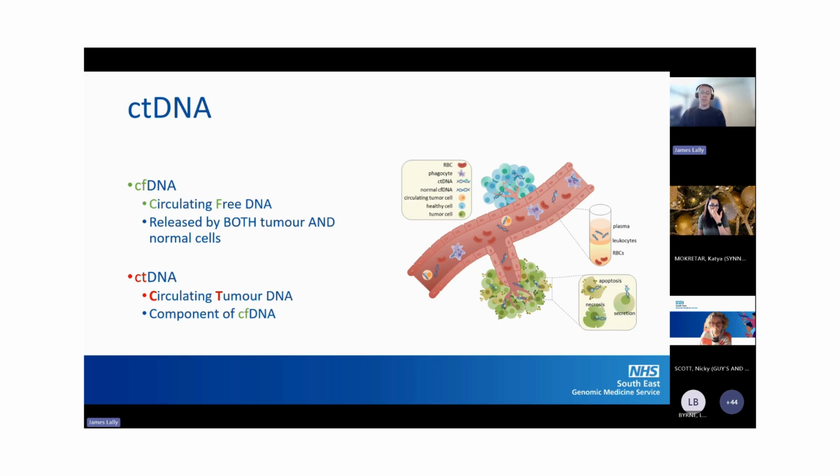Circulating free DNA contains both normal DNA, shed during normal cell renewal, as well as tumor DNA. Circulating tumor DNA is the component of circulating free DNA that we are interested in.